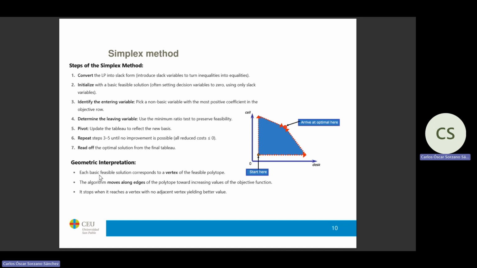The geometric interpretation of this process is that you are going from one corner to the other corners. Actually, this makes a lot of sense, because if I want to determine this corner, I have to compute the intersection between this hyperplane and this hyperplane.